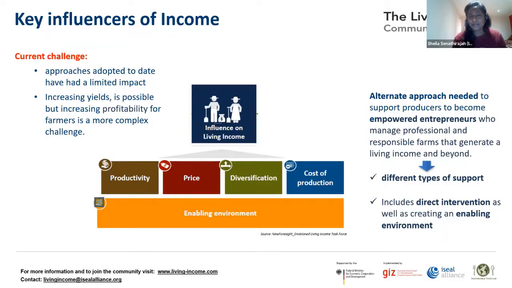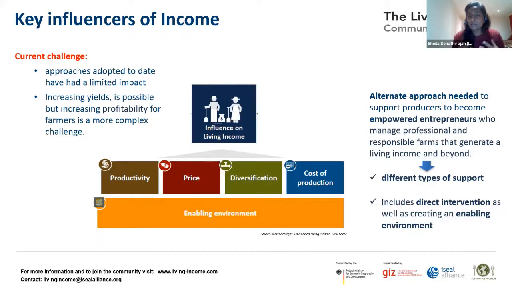Now, if we just take a step back and look at the income levels of producers, it is a very complex issue. If we want to address and influence income, we can't just focus on one strategy or one intervention. We need a more holistic approach. We need to put in place a system that is adaptable to the local context, weighing what are some of the enabling and disabling factors.